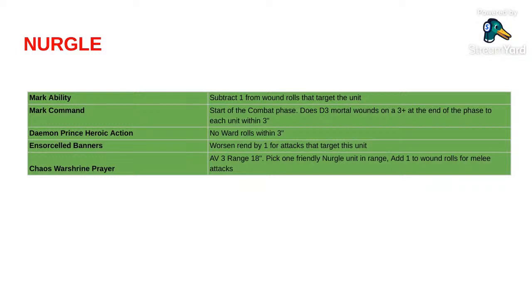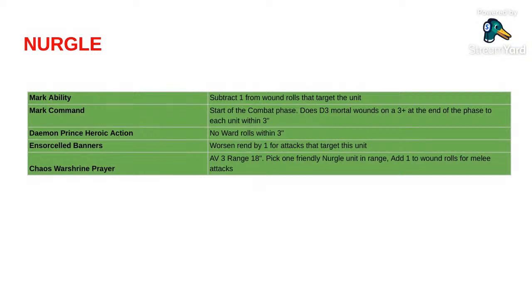Now, for Tzeentch, that's a prayer from the War Shrine, and it only targets 1 unit. Nurgle, whole army. You get a command that can be used by your Nurgle units, and you use it at the start of the combat phase, and then at the end of the combat phase, you roll a die for each enemy unit within 3 inches of that unit, and on a 3-up, it does D3 mortal wounds to that unit.